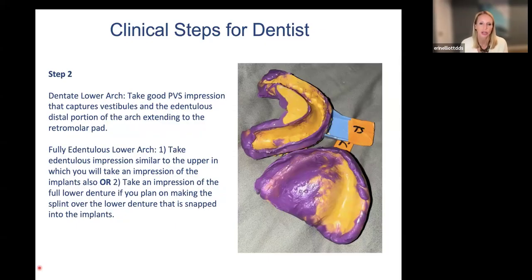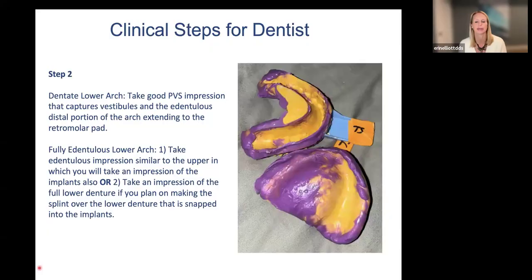If they have a dentate lower arch, we take a polyvinyl impression. I'm sure you can scan and all that, and we do everything by scan, but when it comes to the dentures, I just go back old school analog. There's a few times that I will use analog, and this is one of them.